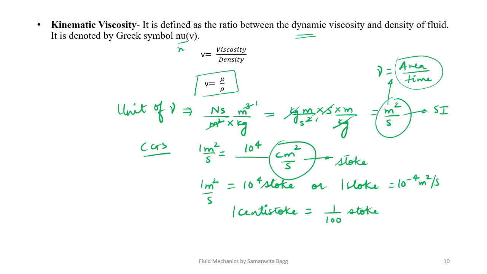Generally, we use the term kinematic when we say that there is no force on the body, but the fluid is in motion. So here also the same concept can be applied. Here there is another way of representing the term nu, that is the area occupied per unit time. And we are not talking about the term force over here. So this is the physical significance of kinematic and dynamic viscosity, which I just explained to you.